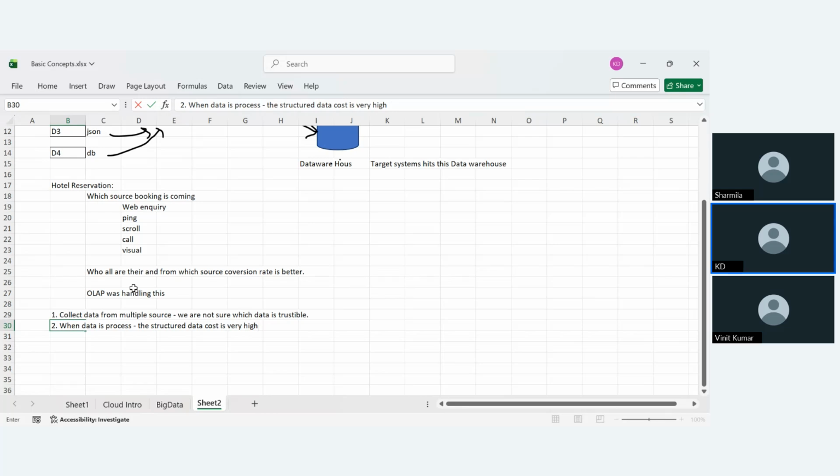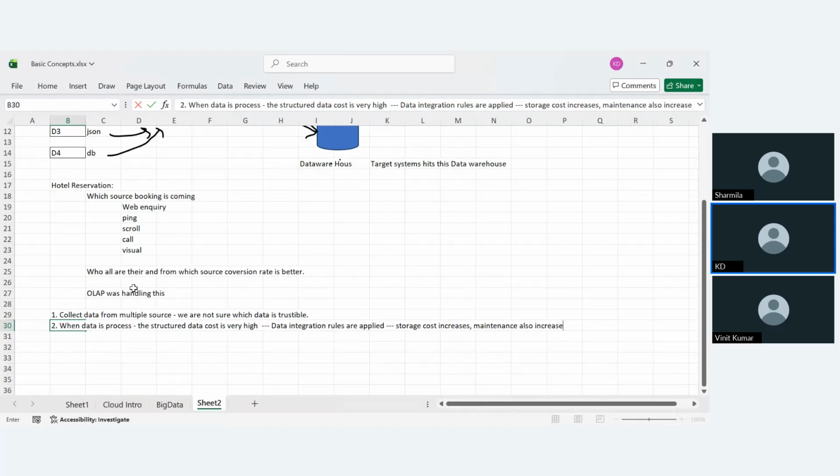And when data integration rules are applied, the storage cost increases. Along with that, maintenance also increases.